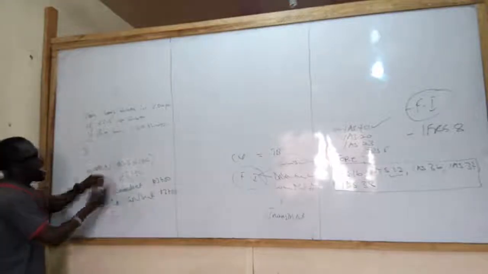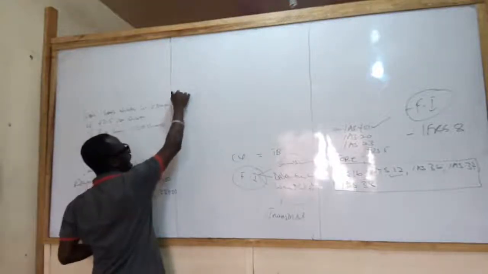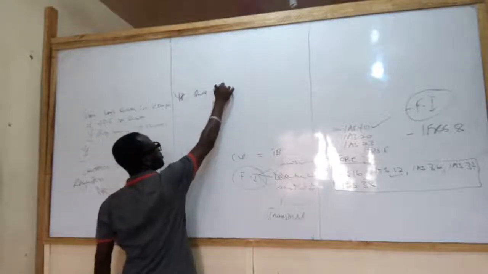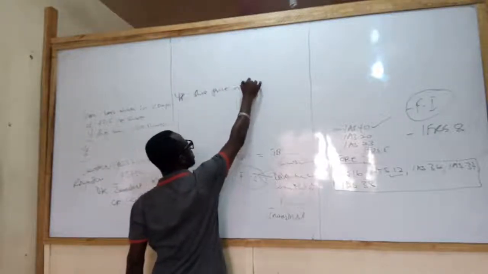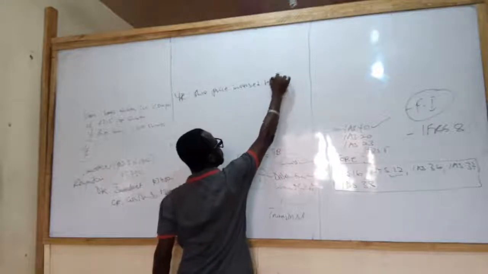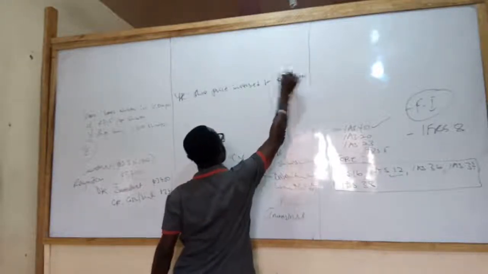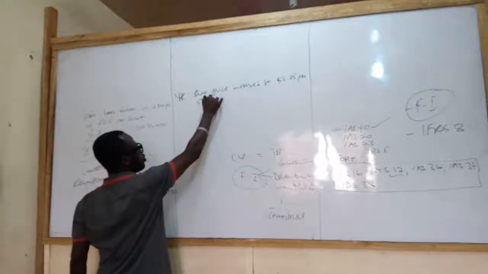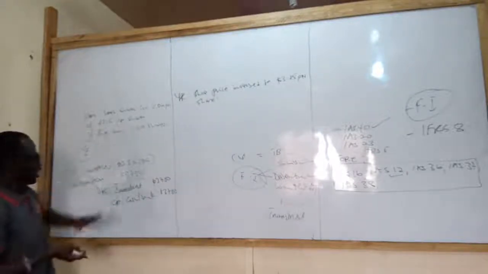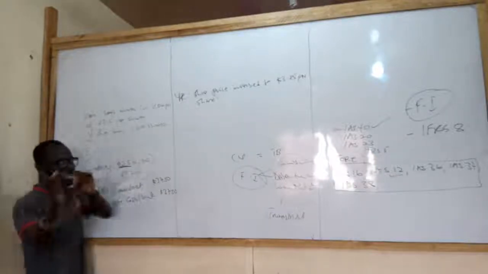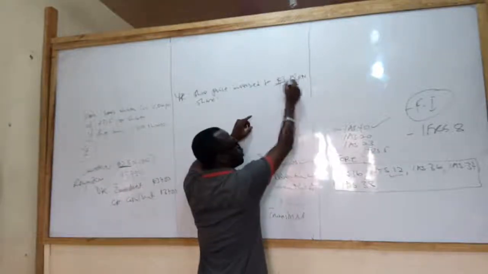At the year end, you will be told that the share price increased to $3.25 per share. So what is happening? When you bought the shares, it was 2.5. Now it is 3.25.